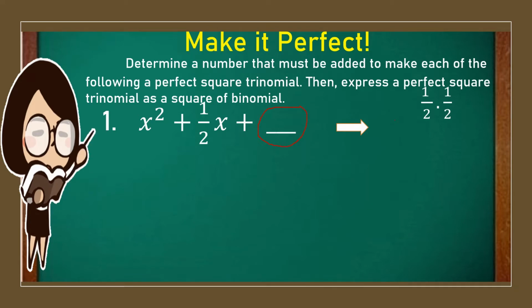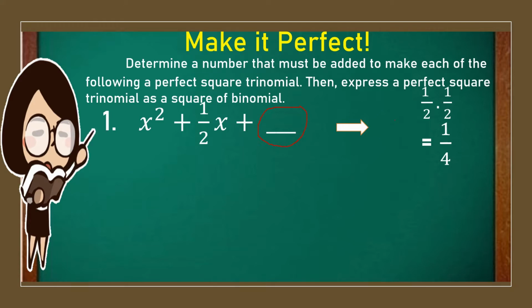When we say divided by 2, you need to get the reciprocal of 2 and multiply it to our given 1 half. So, the reciprocal of 2 is 1 half. That means 1 times 1 is 1, 2 times 2 is 4. So, 1 half times 1 half is equal to 1/4.